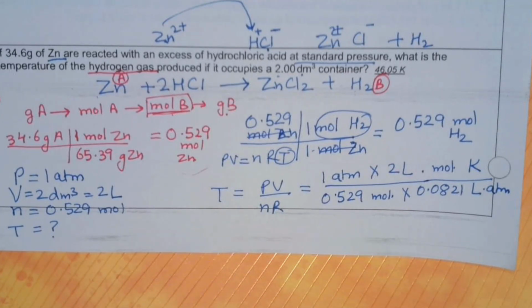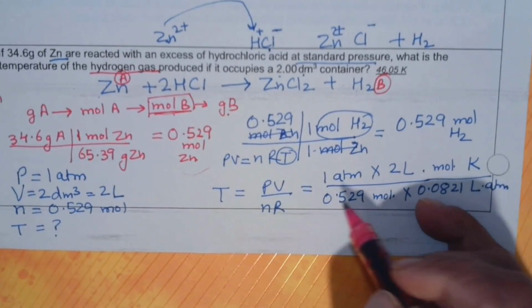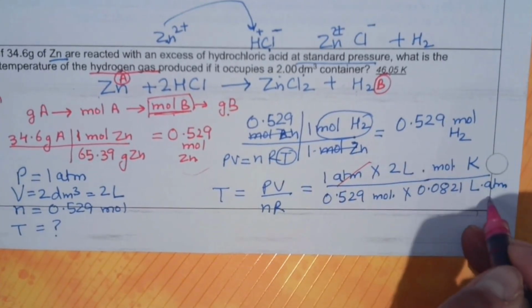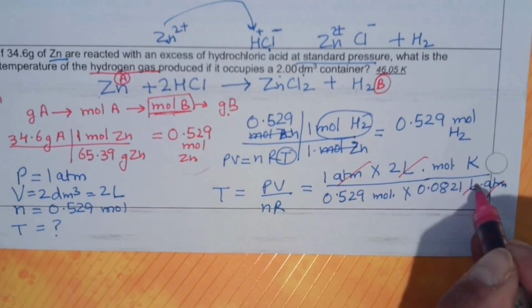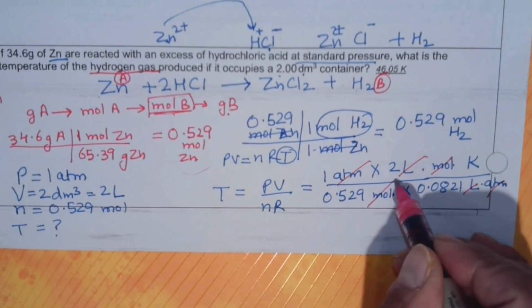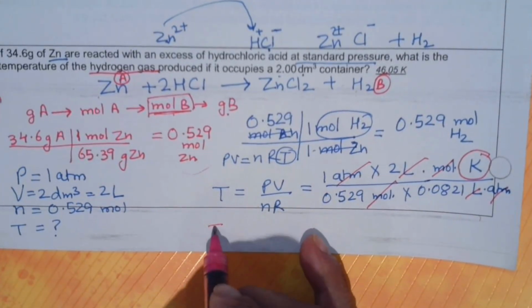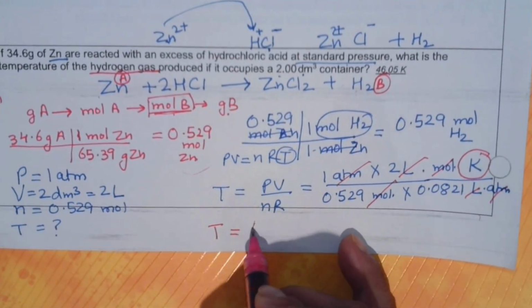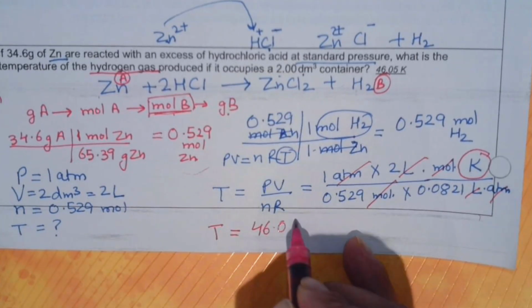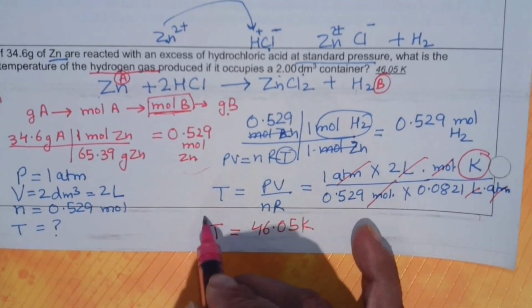Now cancel out the units that get cancelled. So atm with atm, liters with liters, moles with moles, and you will get your answer in kelvins. So if you solve that, you will get 46.05 kelvins.